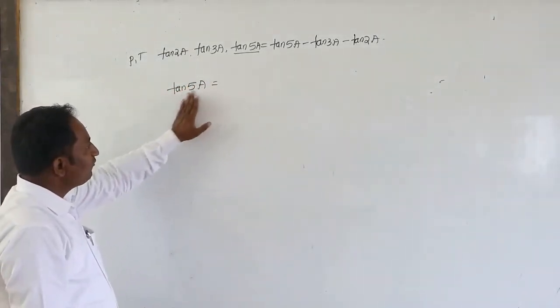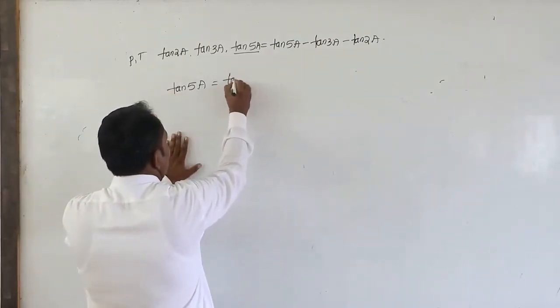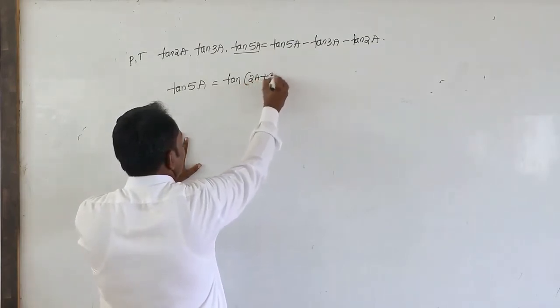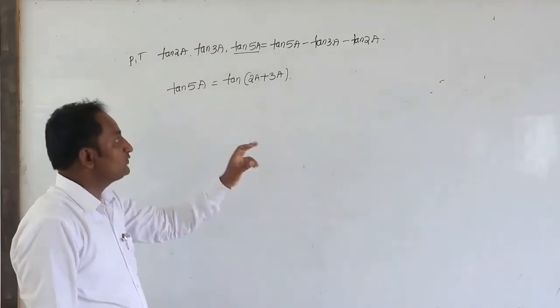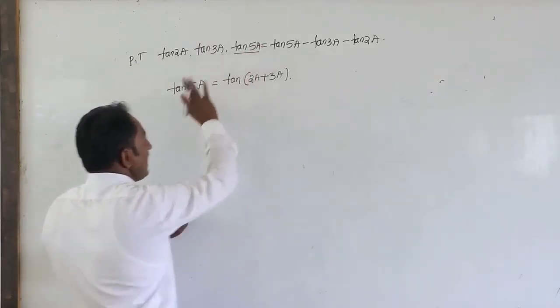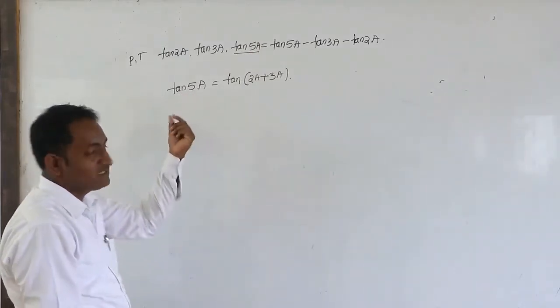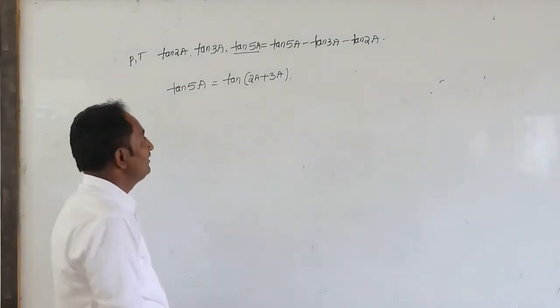Then tan of 5a value is split as tan of 2a plus 3a. This type of problem we can choose the highest term. Here tan of 5a is the highest term. Then tan of 5a value is taken, then 5a is split into 2a plus 3a.